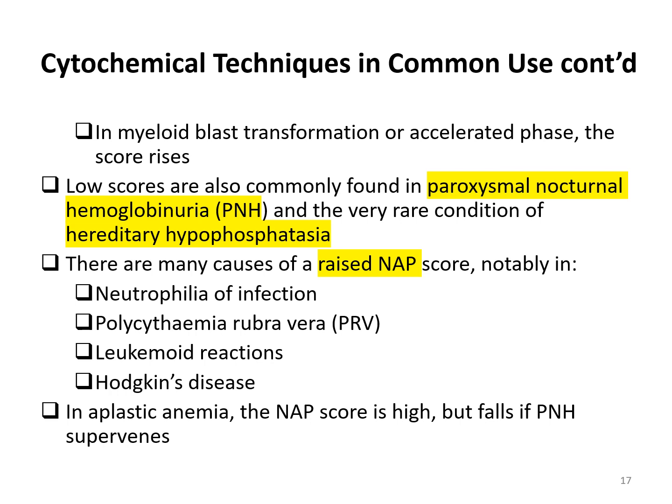Hodgkin's disease, which is a lymphoproliferative disorder. In aplastic anemia, when the bone marrow is no longer producing blood cells, the NAP score is high, but it will fall if there is paroxysmal nocturnal hemoglobinuria.